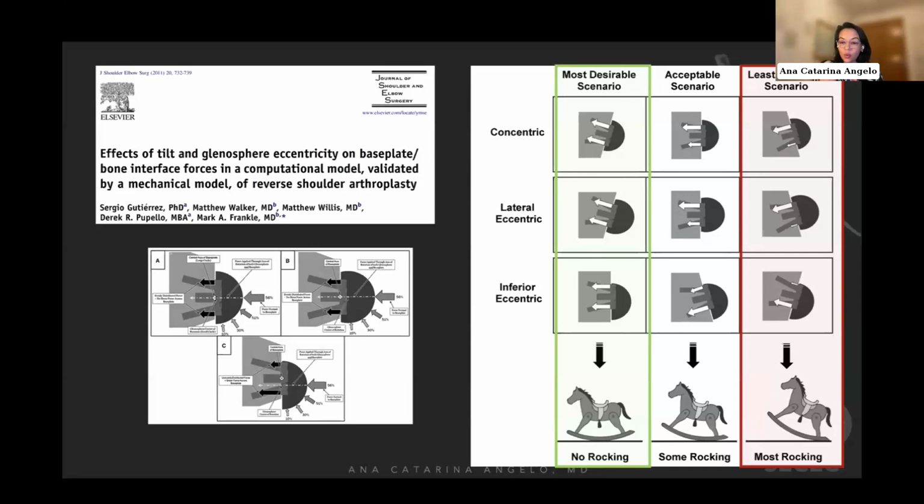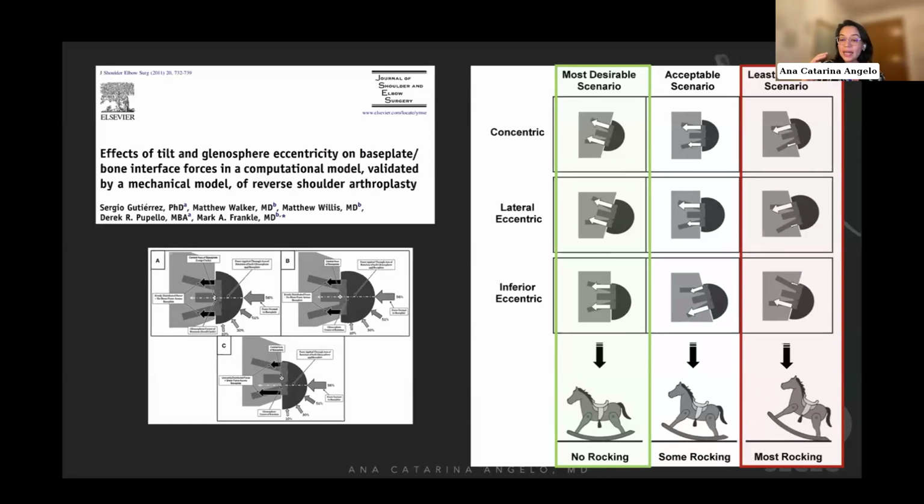So what we know is that if you choose an eccentric glenoid, the way that the force transmits is a little bit different than if you choose a concentric glenoid. If you choose an eccentric glenoid, there's much more load in the inferior part of the base plate. So the center of the glenoid aligns with almost the inferior screw.